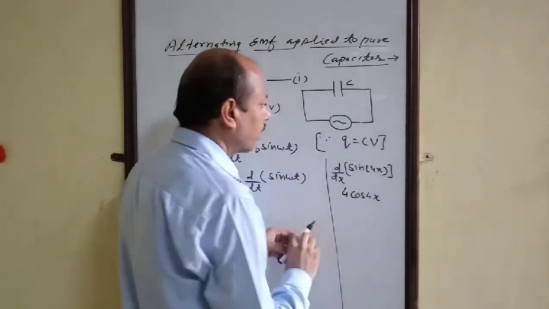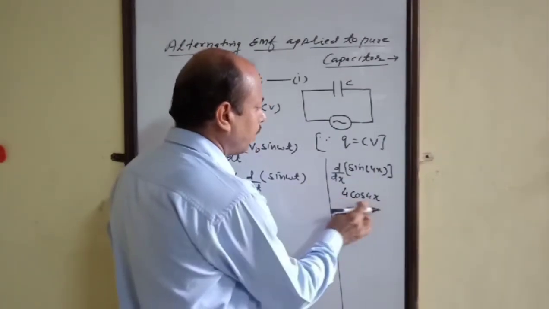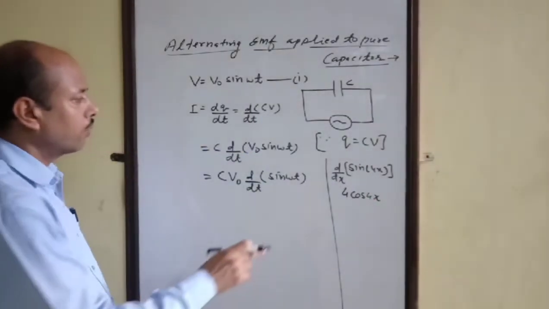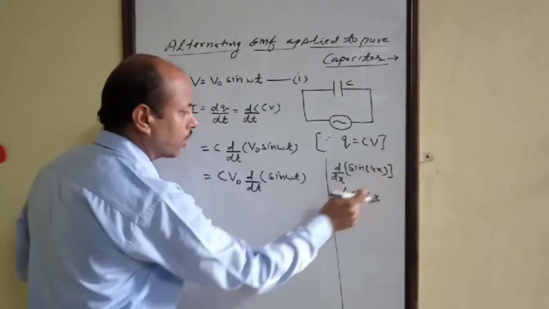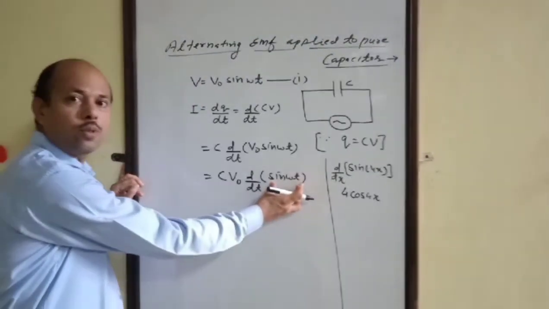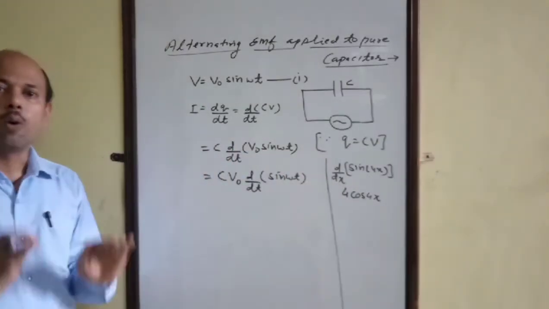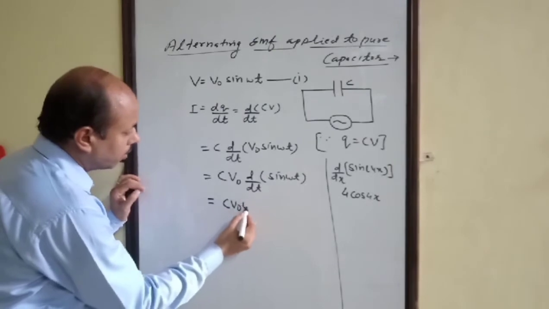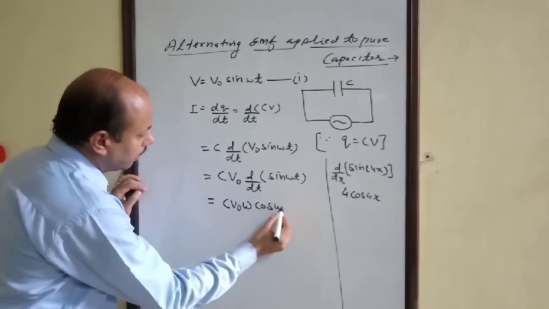It is sin 4x, therefore the differentiation will be 4 cos 4x. That we have already discussed in class 11. Similarly, here the differentiation of sin omega t will be omega cos omega t. Therefore, we will write C V naught omega cos omega t.